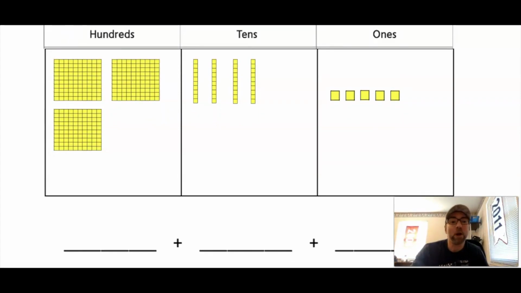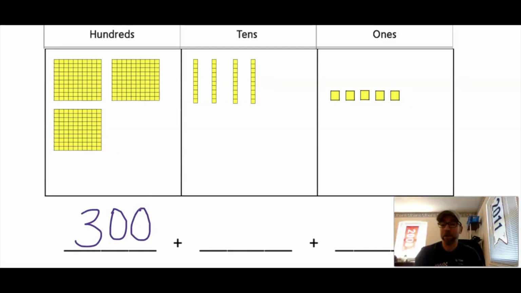So we start with our hundreds place, because it's our biggest place. And we look at our flats. 100, 200, 300. So in the first line, I'm going to write 300. Now I'm going to move to the tens place, where we have our longs. Remember, in a tens place, we count by tens. 10, 20, 30, 40.